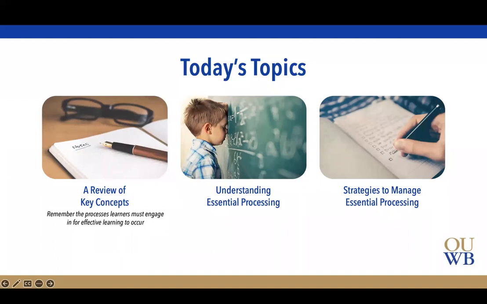If they don't go through these processes, the likelihood of learning actually happening is limited. Then we're going to spend a little time talking about essential processing specifically, and the goal there is to understand what it is and how it impacts learning, in particular how it's different from extraneous processing and generative processing.